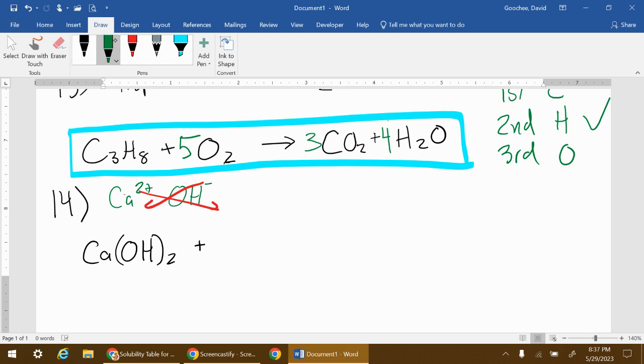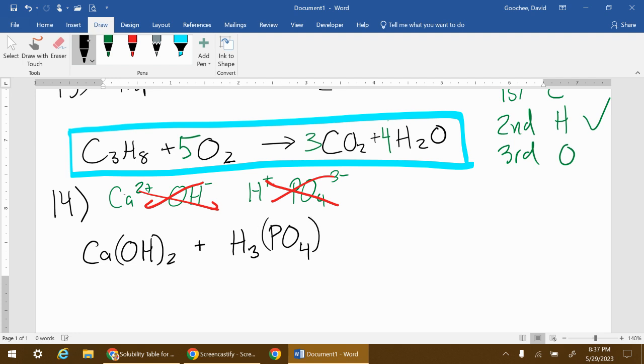The other thing is phosphoric acid, aka hydrogen phosphate, which is H plus, and phosphate, PO4 3 minus. So we crisscross and we get 3 hydrogens and 1 phosphate, which doesn't look like this. This is a single phosphate. This is what 1 phosphate looks like. All right, very good. And now we have a reaction.